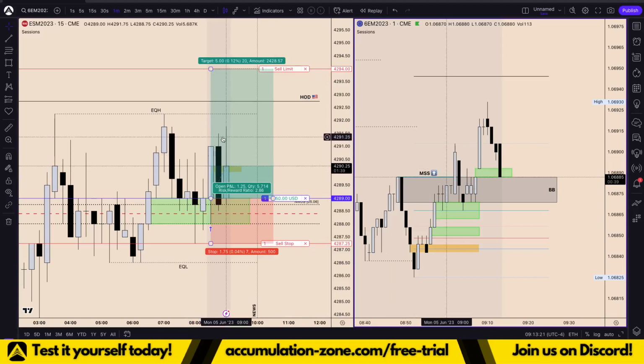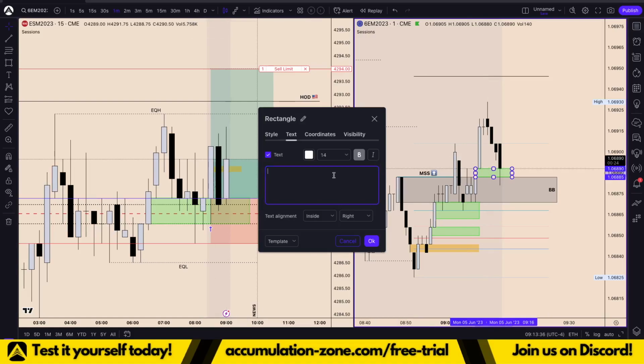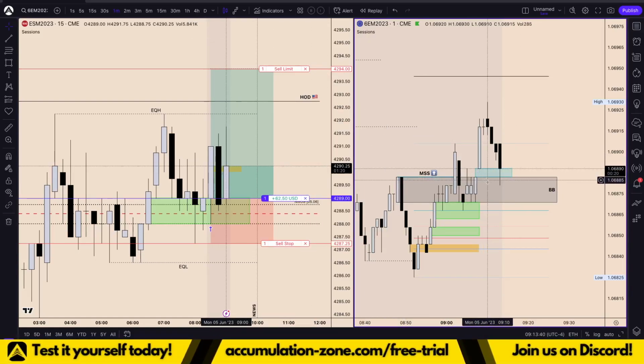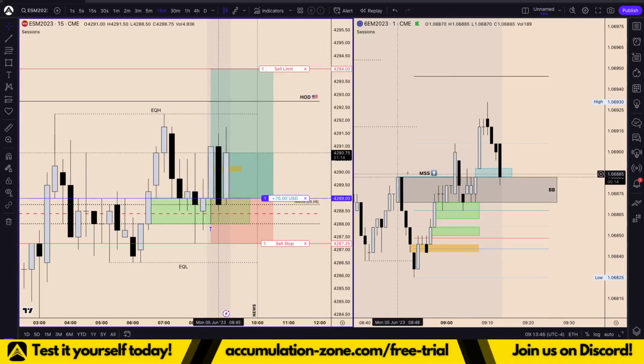Last 2 minutes. I don't really like this rejection, but we will see. Ideally, we do not want to see a close below this gap. This would really be my point of interest right here. On ES, we would like to see a close above this orange zone.